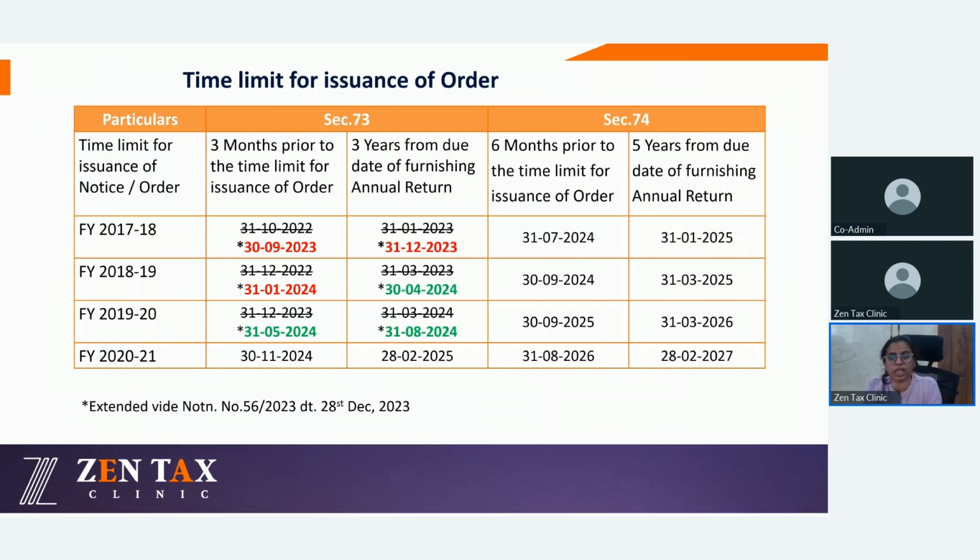Keeping this in mind, if you have availed any blocked credit, we advise you to reverse the ITC along with interest, because if you receive notices and then find out that you have availed ITC which is blocked, interest will accrue till the date of reversal, and there are chances they would impose a penalty as well, because they can issue orders under 74.